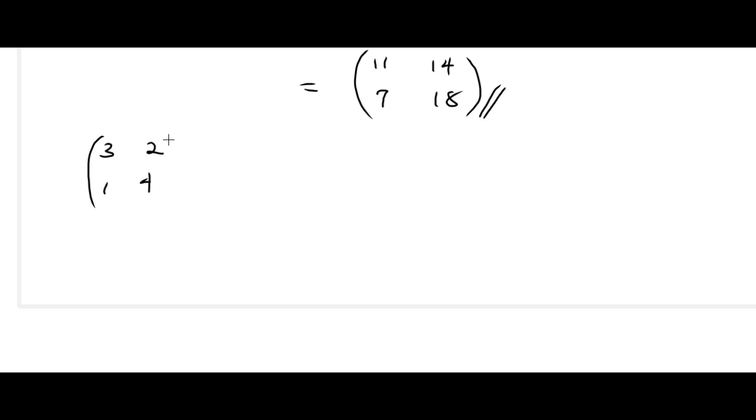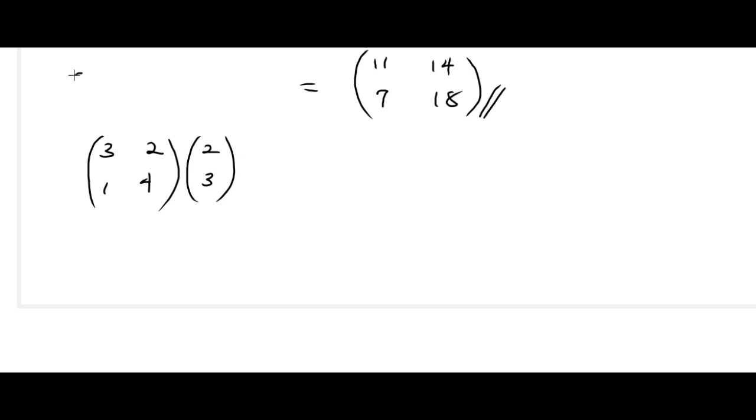Unlike addition and subtraction, where the order must be the same before you can find the matrix, it is not so in multiplication. The order may not be the same, but what must be the same is the column of one must be equal to the row of another.